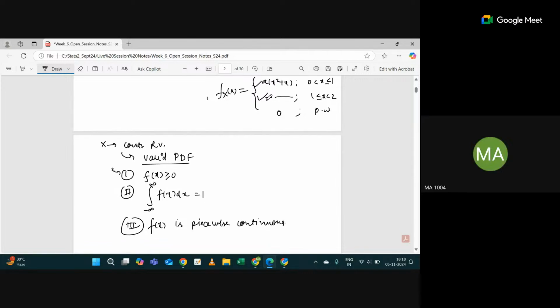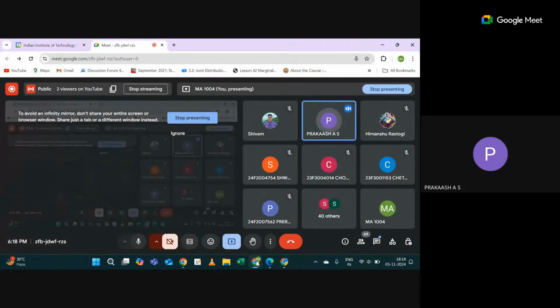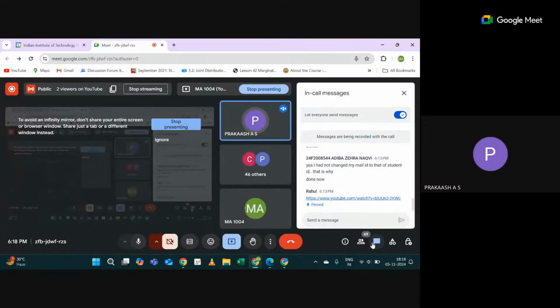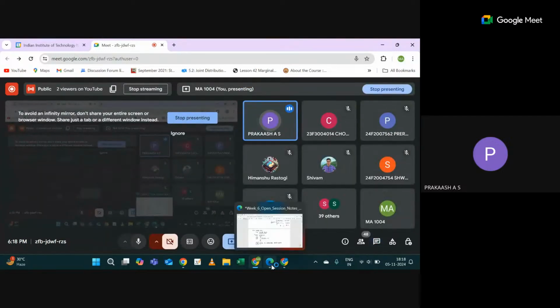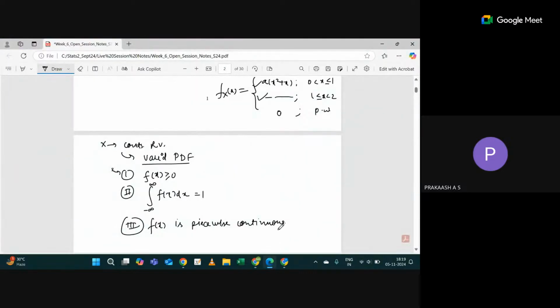What about the concept of disjoint events? If A and B are disjoint events, P of A union B equals? Is it a must to satisfy that P of A union B equals P of A plus P of B when A and B are disjoint? That is a different thing.